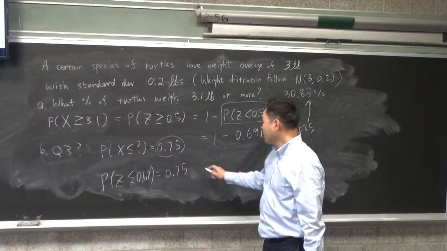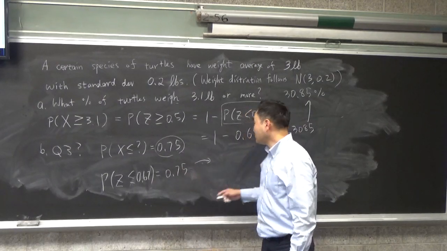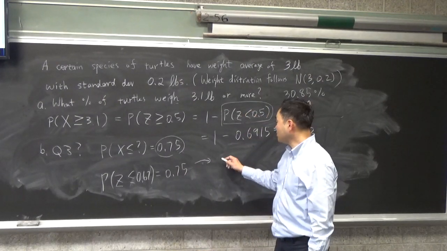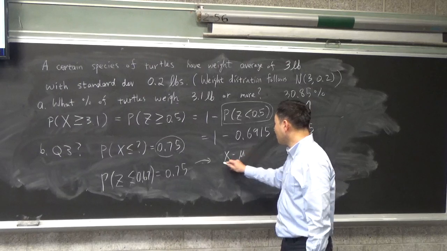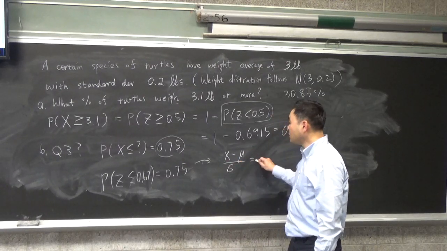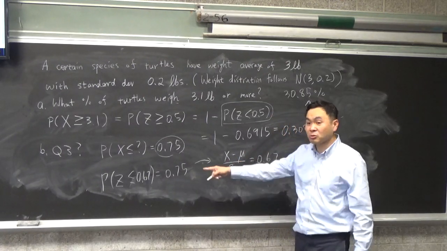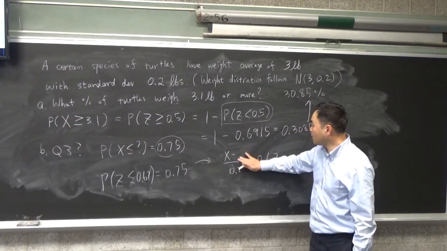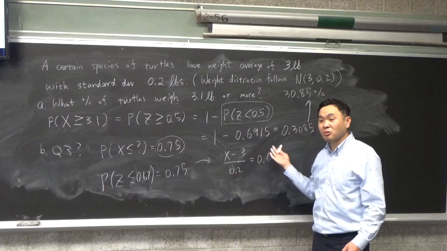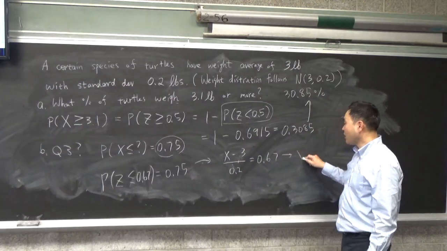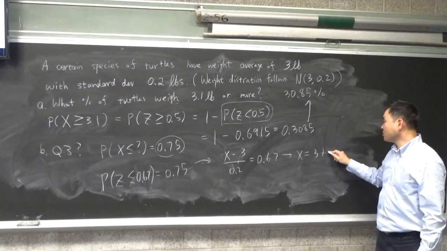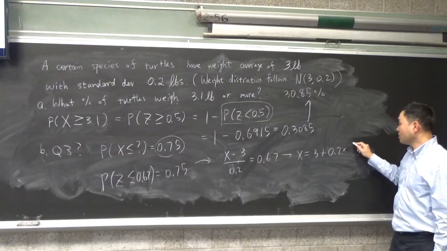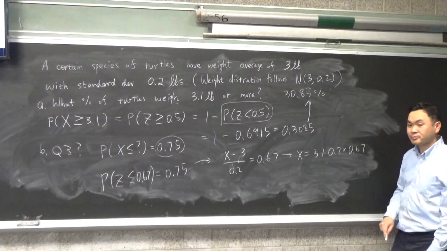Now what do you say? That means my z-score, which is x minus mu over sigma, should be 0.67 for that to work. Our sigma is 0.2, our mu is 3, and now you just solve for x, which is x equals 3 plus 0.2 times 0.67.